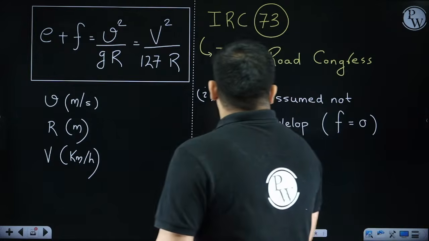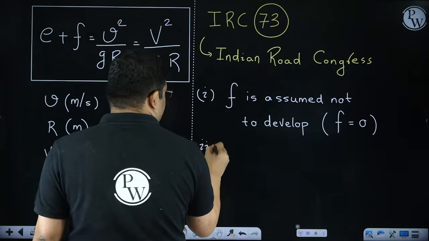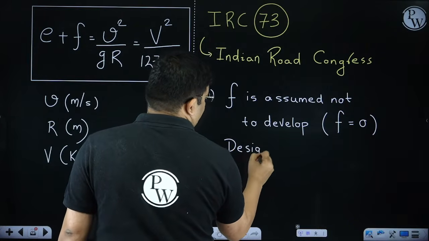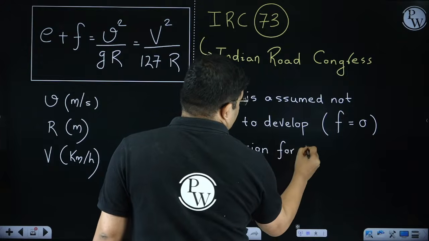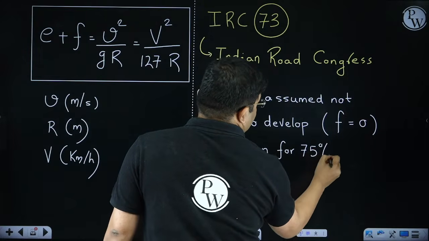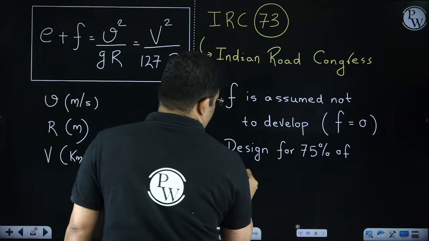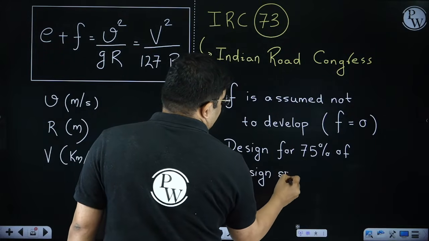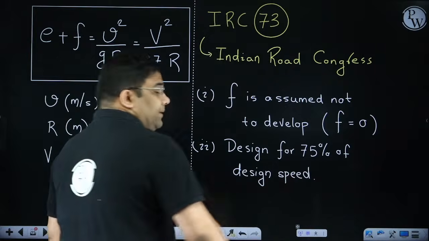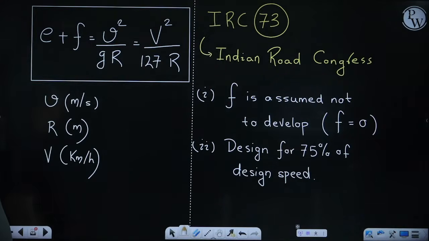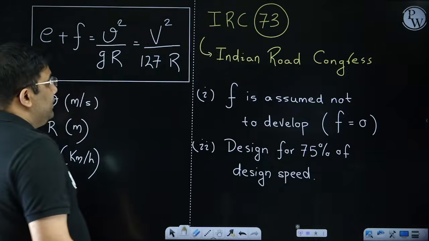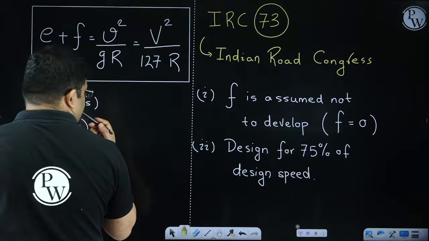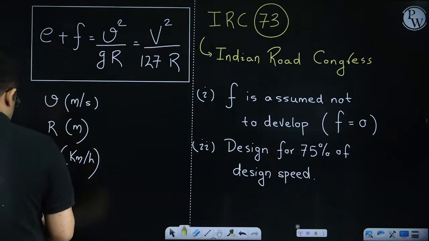Then what is the second recommendation? The second recommendation is that we will design for 75% of design speed. Now what does 75% of design speed mean?